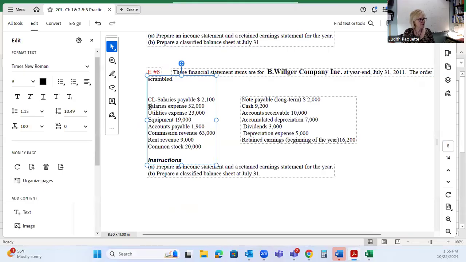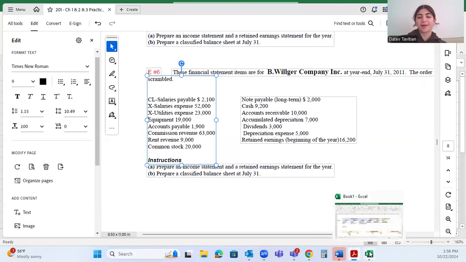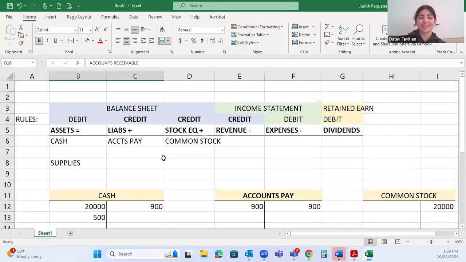Salary expense. What kind of account is that? It's an expense. So I'm just going to put an X there for an expense. Same with utilities. Now, what about equipment? What kind of account is that? Would we put it under property, plant, and equipment, or would we just say assets? It is an asset, and you're right.